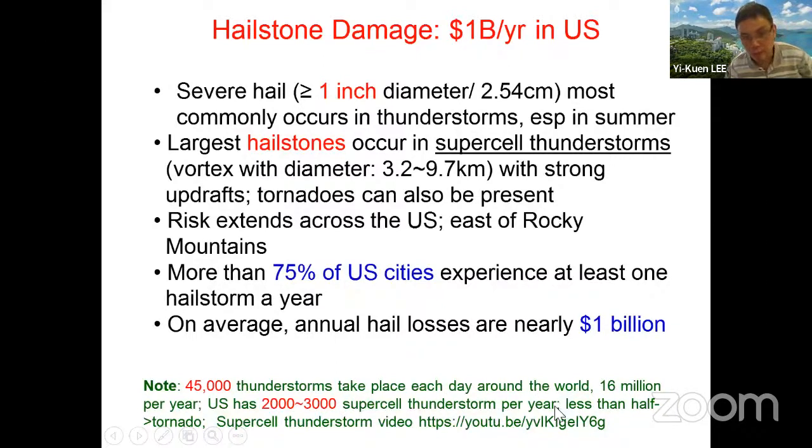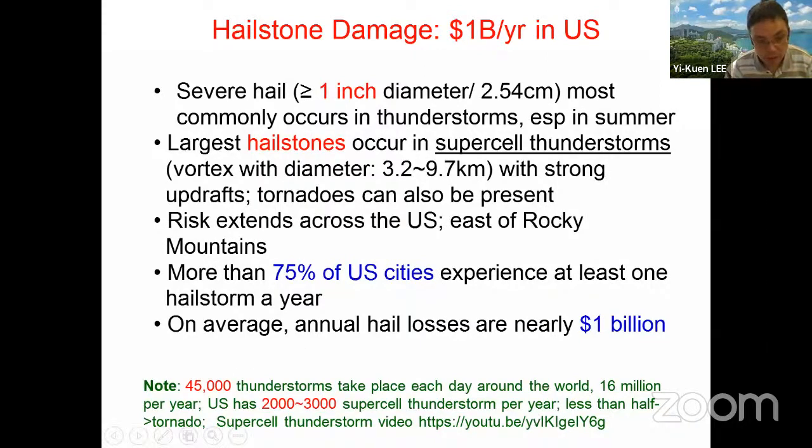These have a chance to promote severe convection, which can be important in triggering hail formation. Unfortunately, this can be really bad. Of course, you may also look at what we call the supercell thunderstorm.